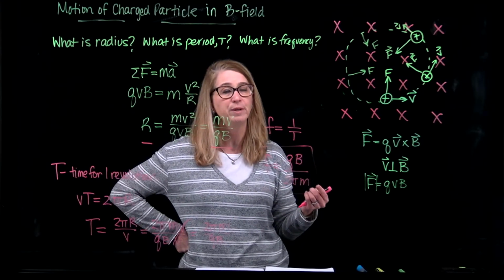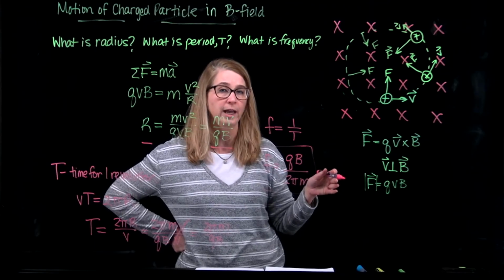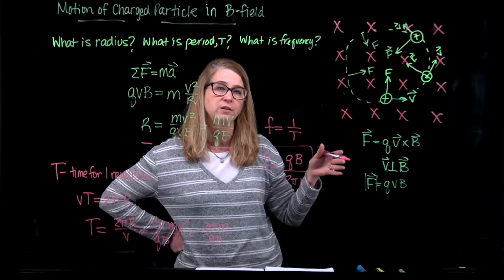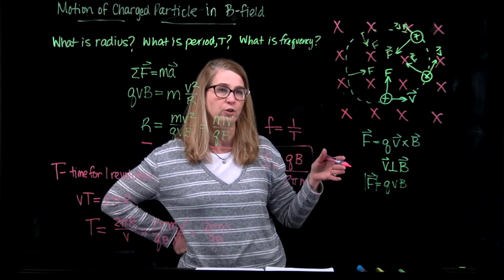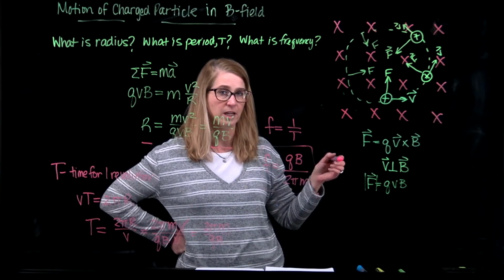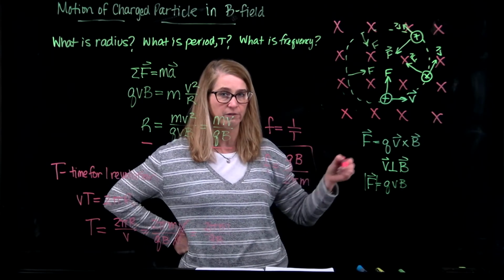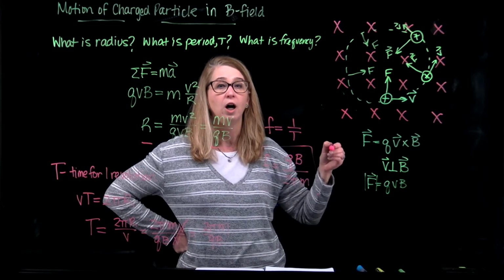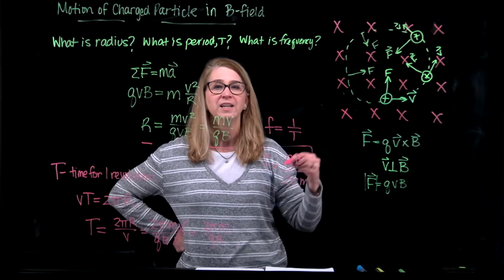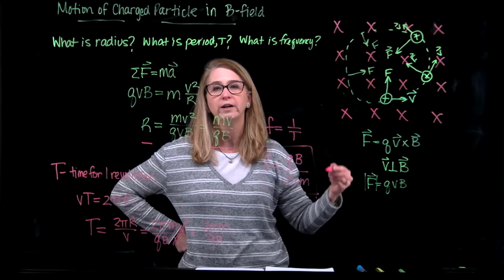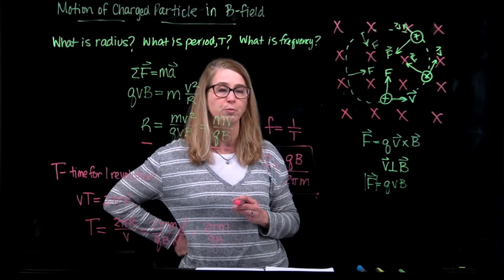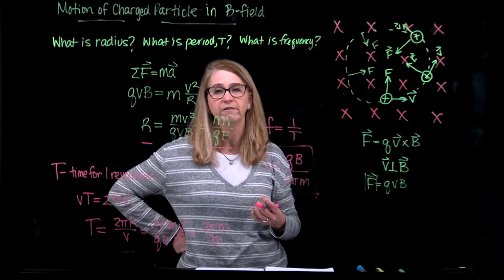So what will happen in the more general case where the velocity is just somewhat angled with respect to the magnetic field is you will have a combination of going around the field in a circle, but also moving along the field because of the parallel component. That ends up creating what we would call a helical path, and that really describes how charged particles move with respect to magnetic fields.